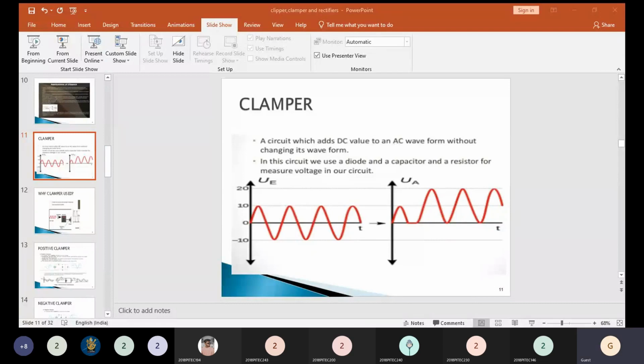So just solve it. What is the negative peak? In a positive clipper, the full positive half cycle is clipped off, up to what value? Up to 10 volts it will exist, and the remainder is the negative peak value. The positive peak stops at 10 volts, right? Here it is given 50 volts.